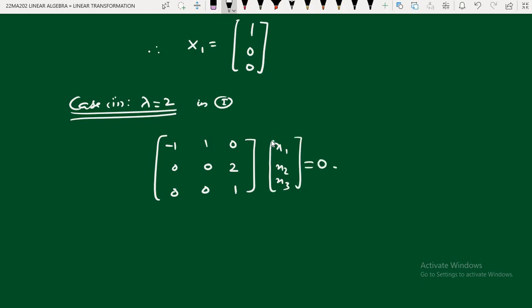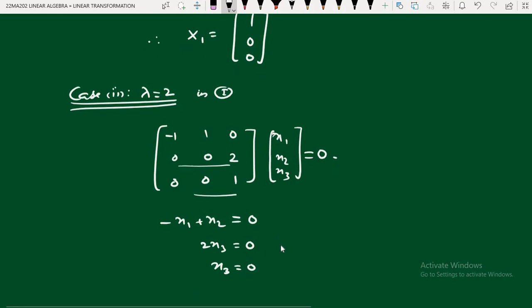Now again create the equations here. So minus x1 plus x2 plus 0 x3 equal to 0. So just leave that 0 x3. Then next row is 0 x1, 0 x2 plus 2 x3, so 2 x3 equal to 0. Similarly for the next row, 1 x3 equal to 0.